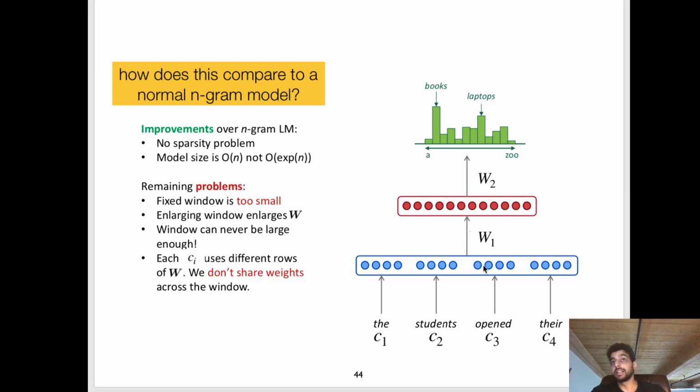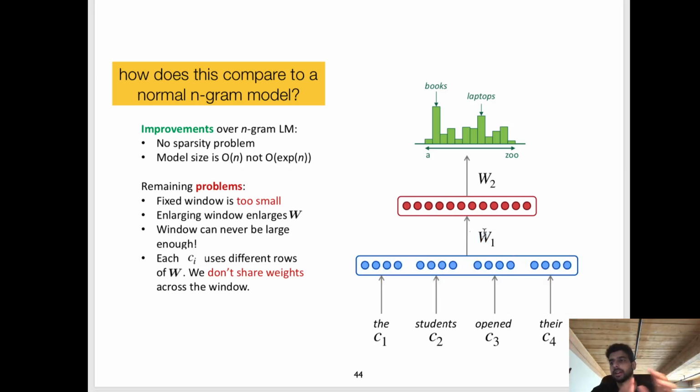And scaling this model to larger windows is kind of problematic because it grows this concatenated representation, right? So if I wanted to include the last 100 words, I'd have to concatenate 100 of these embeddings together. Then that makes this weight matrix get a lot bigger. And importantly, I'm not sharing parameters across one word and another word, right?